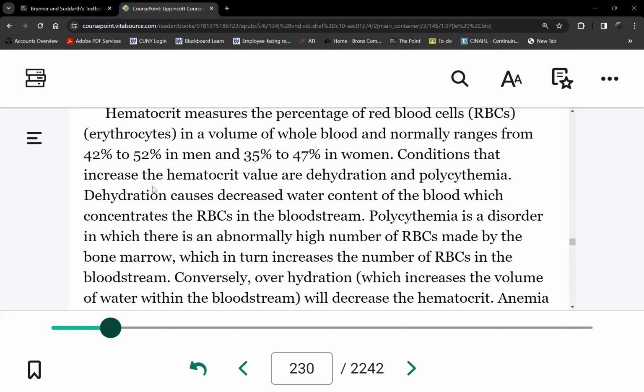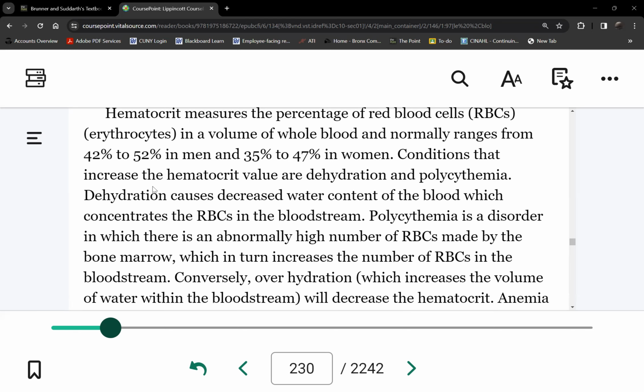This will be relevant. Let's say your patient's on IV fluids. What will you expect the hematocrit to be? If I'm normal, I have no problems, and then you start giving me fluids, let's say 100 ml per hour, what will happen to my hematocrit? It will drop. We call that hemodilution. It's not like I lost blood.